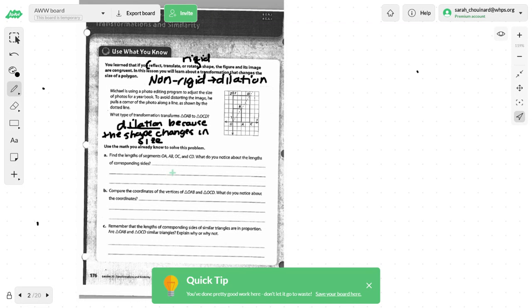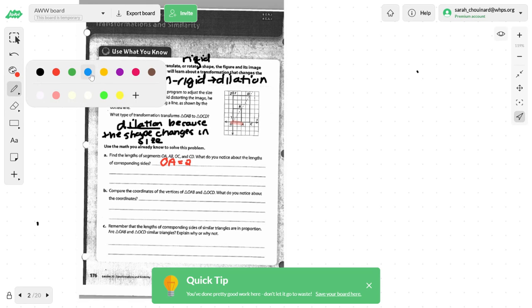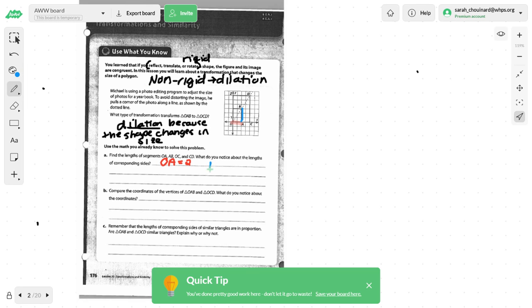So they want us to find segment OA. So segment OA is this one right here, and that's 2 units. So OA is 2 units. And if we compare that with AB, the other side of the triangle, AB is 3 units.